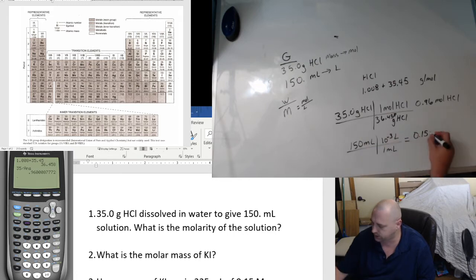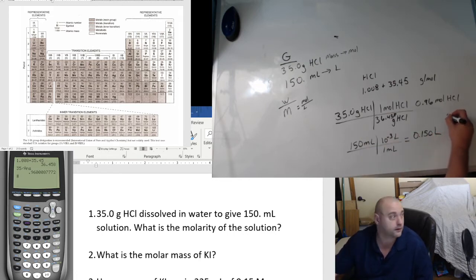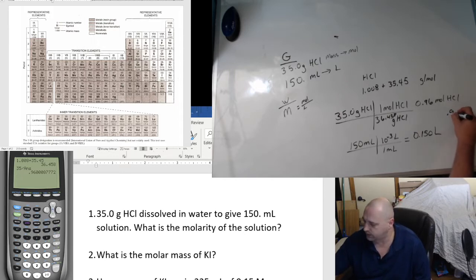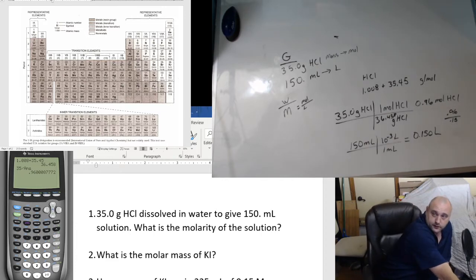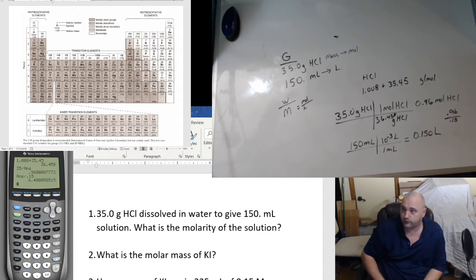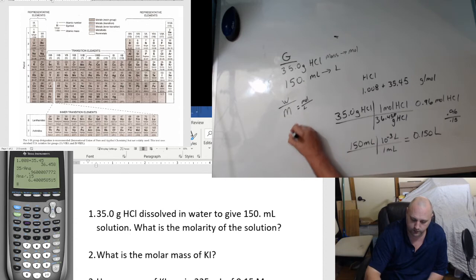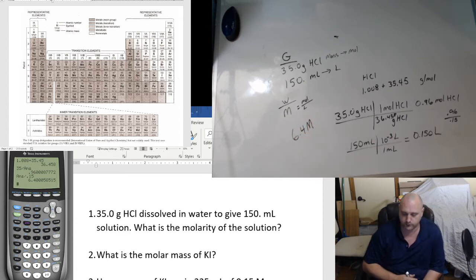Then I put 0.96 divided by 0.15, and that will get me close enough for multiple choice, unless sig figs were really an issue. I got 6.4 and a whole bunch of zeros, so 6.4 capital M, moles per liter.